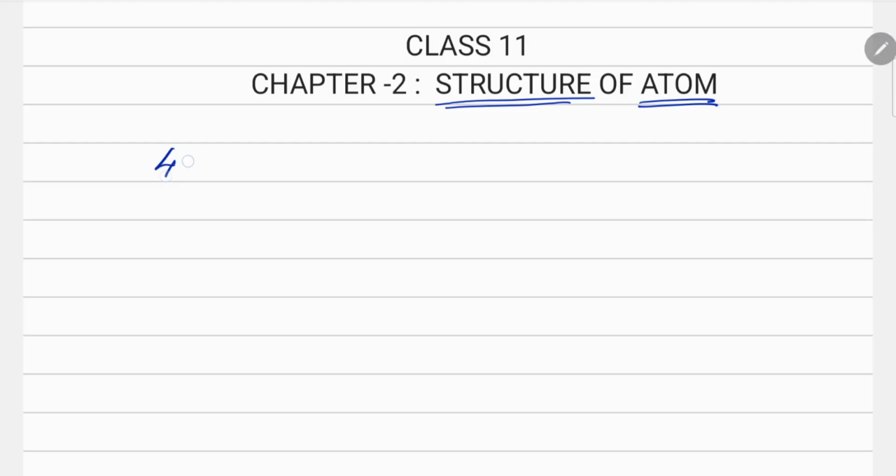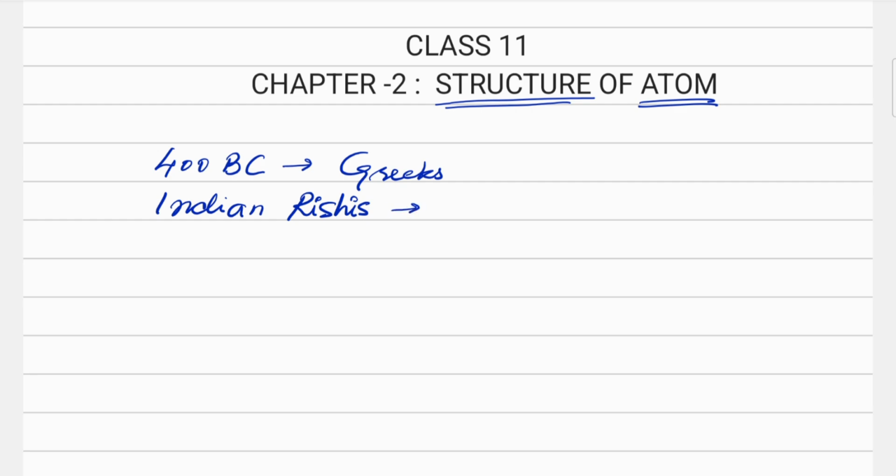Late in 400 BCE, the Greeks had knowledge of atoms. Even the Indian rishis had knowledge about these atoms, which they called Parmanu.